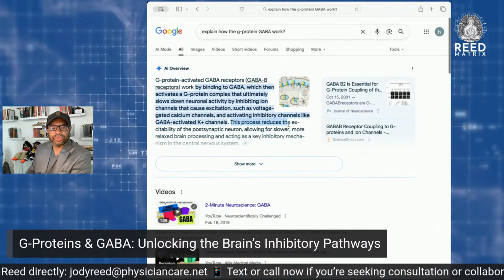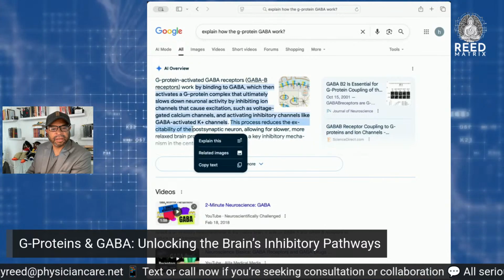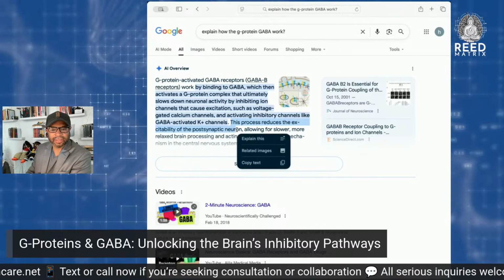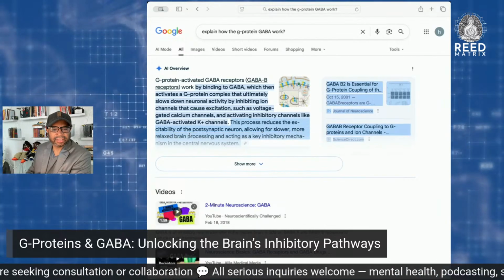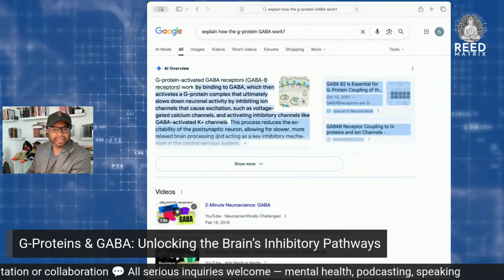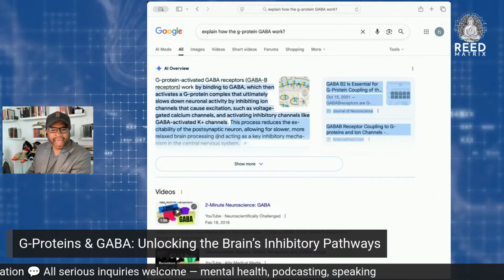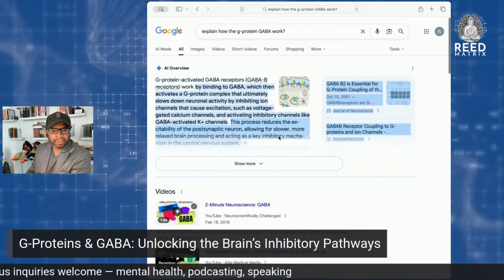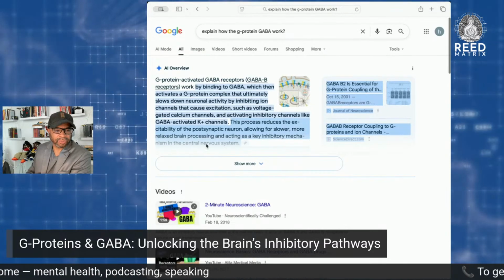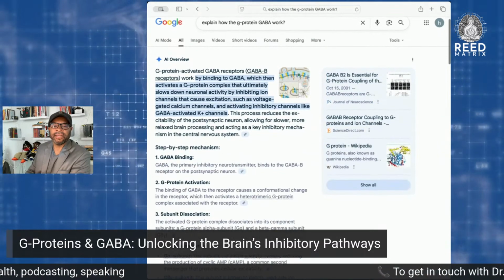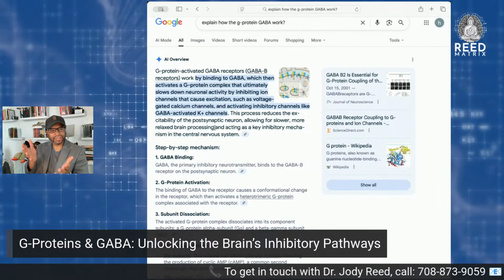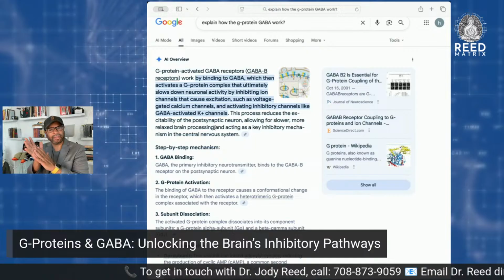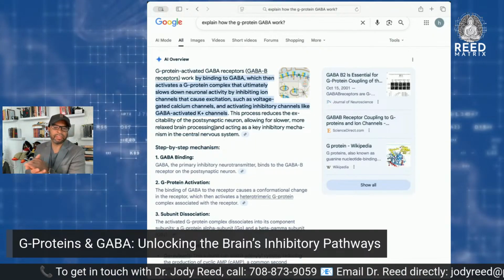This process reduces the excitability of the postsynaptic neuron, allowing for slower and more relaxed brain processing and acting as a key inhibitory mechanism for the central nervous system. See the play: glutamate, excitation; GABA, inhibition.